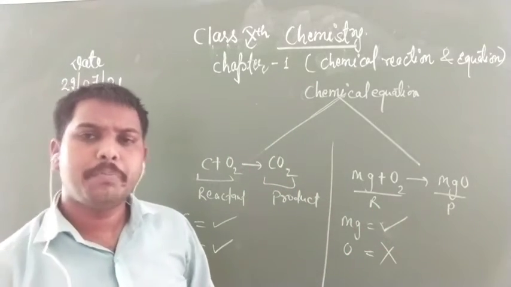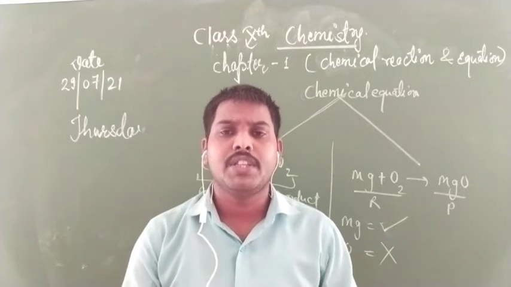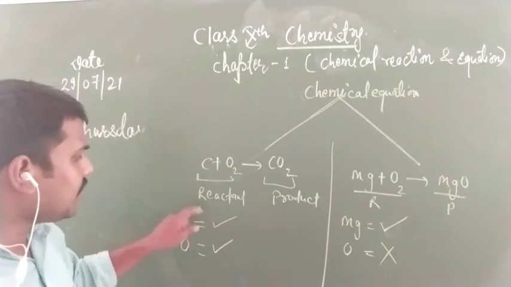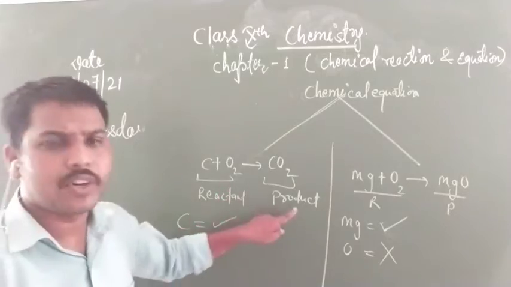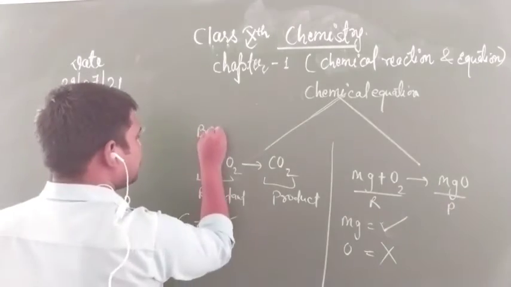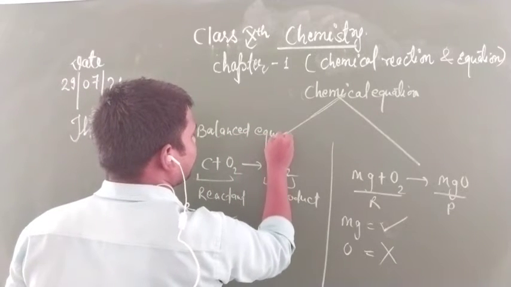So children, on the basis of the equality of the number of atoms on both sides, there are two types of equations. If the number of atoms in reactant and product are equal like this, then it is called a balanced equation or balanced chemical equation.